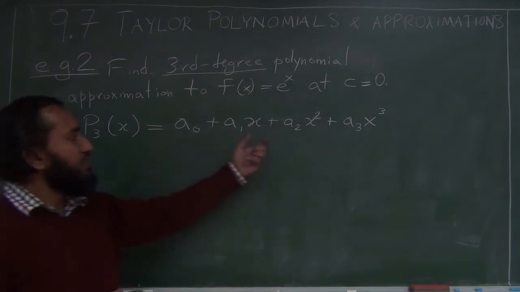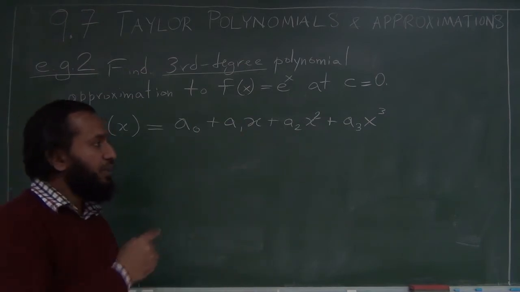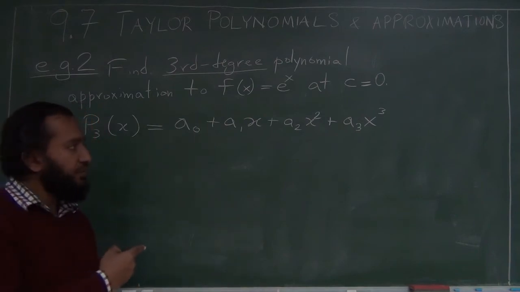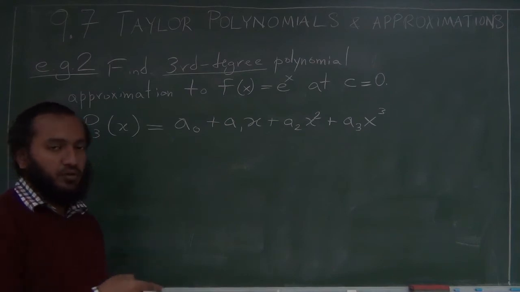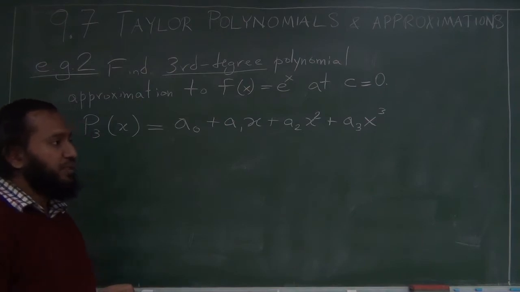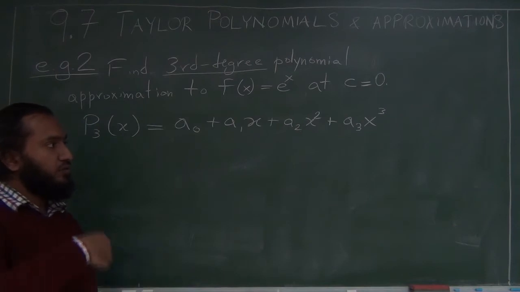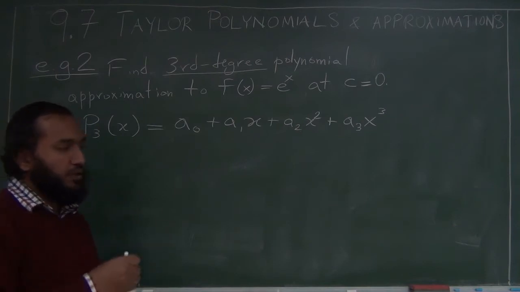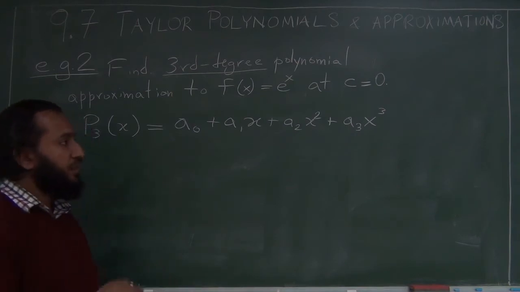To determine these constants, we need extra pieces of information to pin down them. Earlier we required that the value of p at c equals the value of the original function, and the derivative of p at c equals the derivative of the original function. To have a closer approximation, we're going to require the second derivatives to be equal, and the third derivatives to be equal in this case.